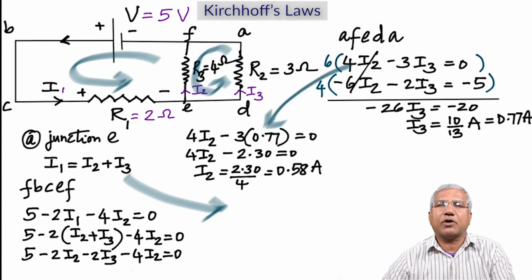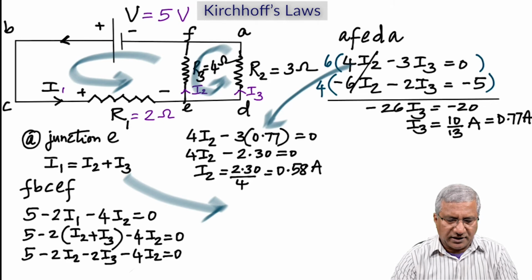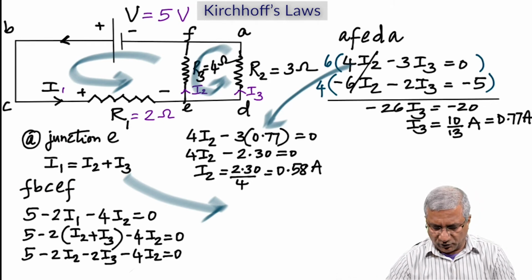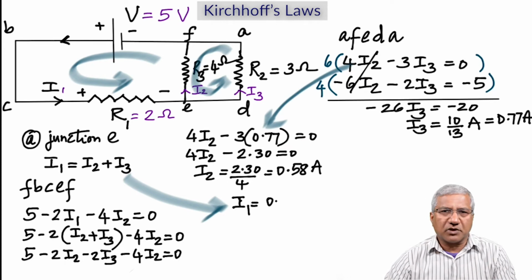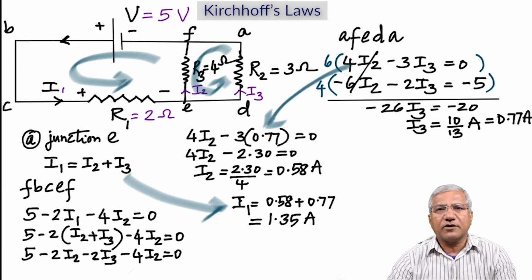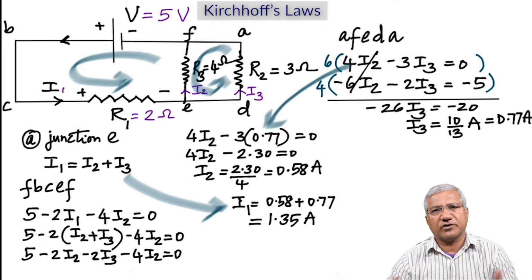Now that you know I2 and I3, you can easily get the value of I1, because I1 is I2 plus I3. So add them up: 0.58 plus 0.77 gives 1.35 amperes. So that's how you calculate the currents through the different resistors.